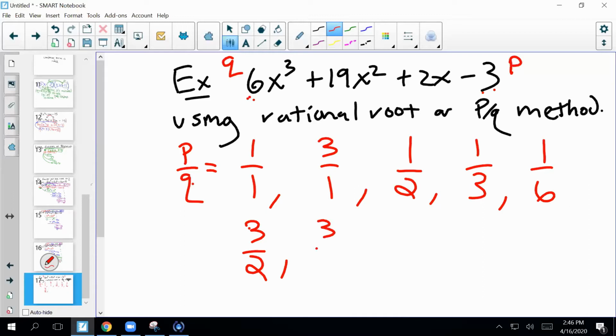We could also get 3 over 3. However, notice 3 over 3 is the same as 1 over 1, so we can actually erase that one. We don't need that again. We also get 3 over 6, but we already have that. 3 over 6 is the same as 1 over 2. So I think this is all of our possibilities, except we also get the plus or minus of all of these.